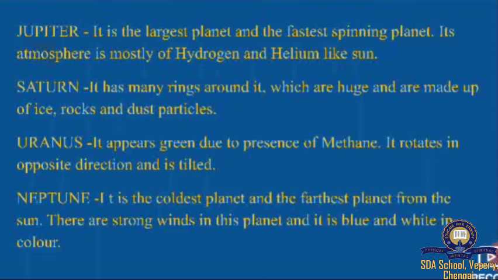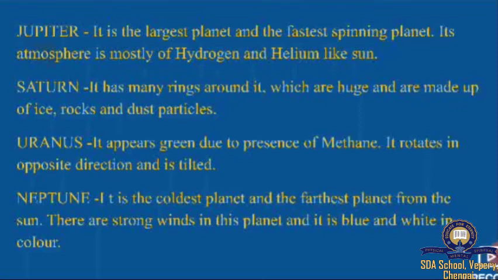It has many rings around it, and the rings are huge and are made up of ice, rocks, and dust particles. Next comes Uranus. It appears green due to the presence of methane, and it also rotates in the opposite direction and is tilted.